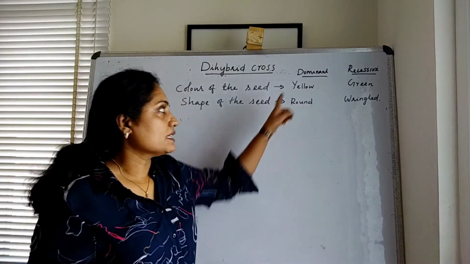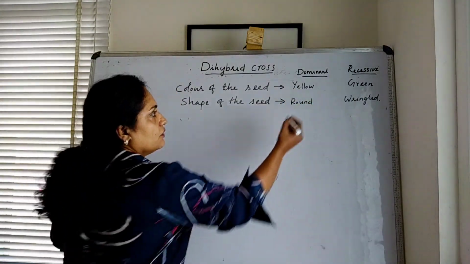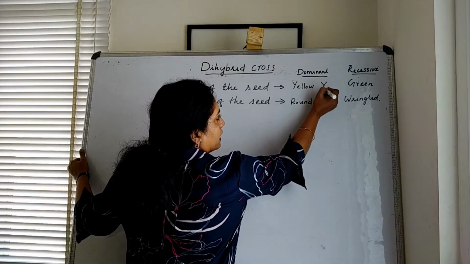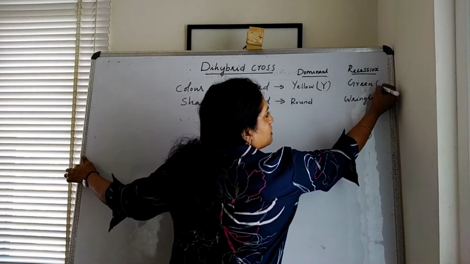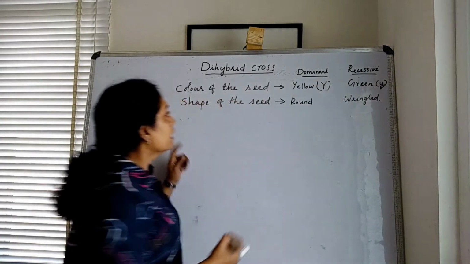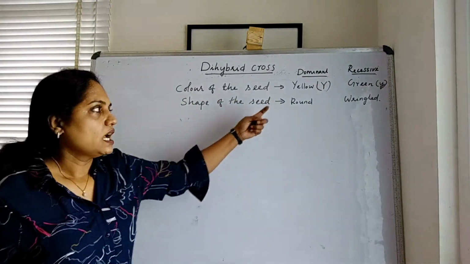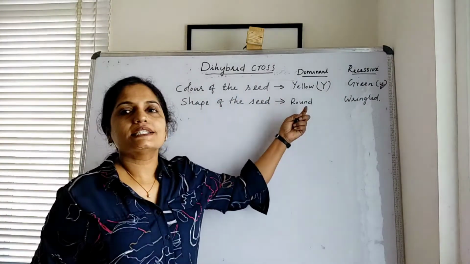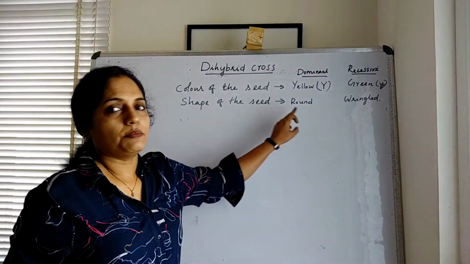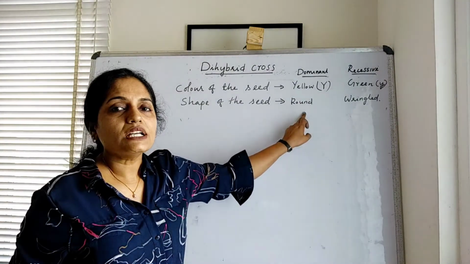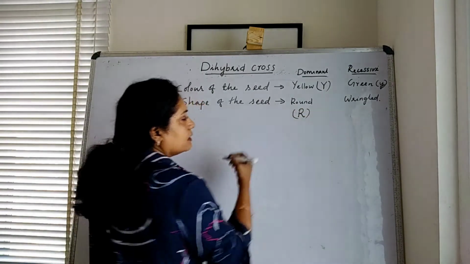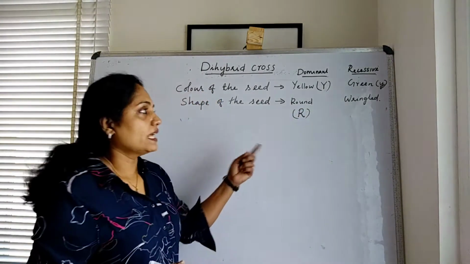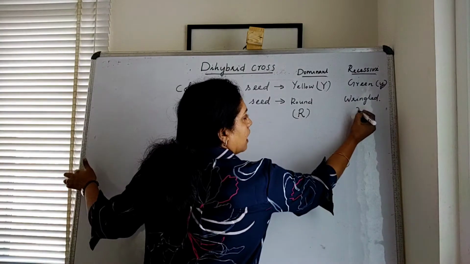So we can represent yellow colored seed with capital Y and green colored seed with small y. In the case of shape of the seed, round shape is the dominant trait. We can represent the round shape of the seed with capital R and wrinkled seeds with small r.